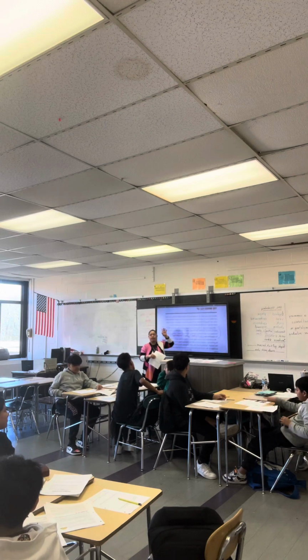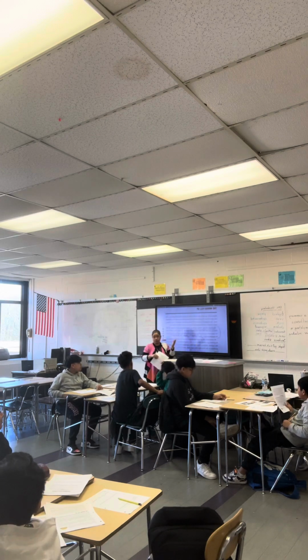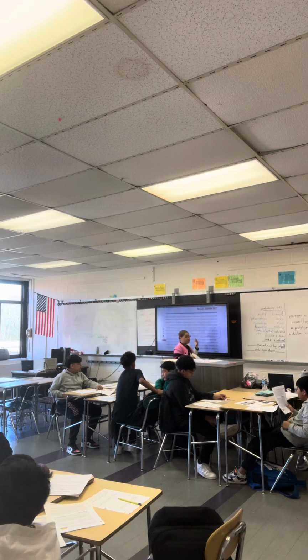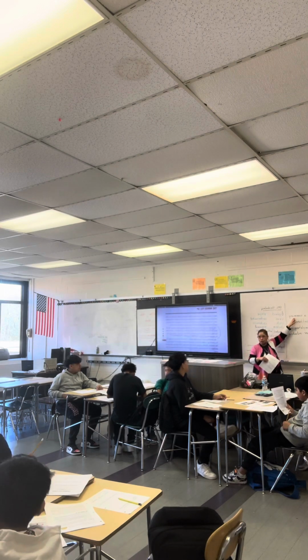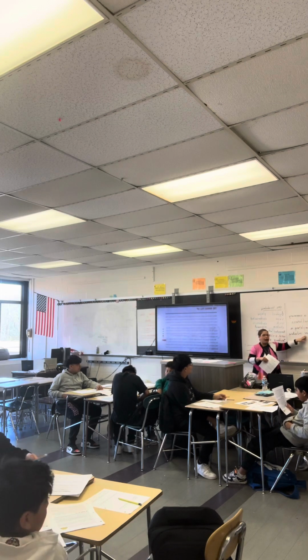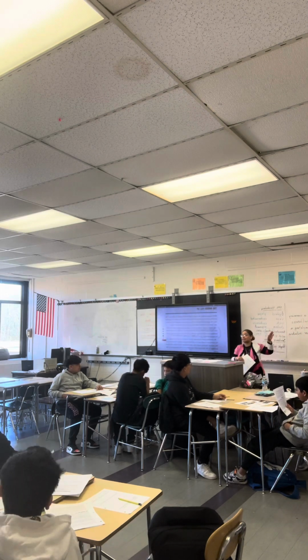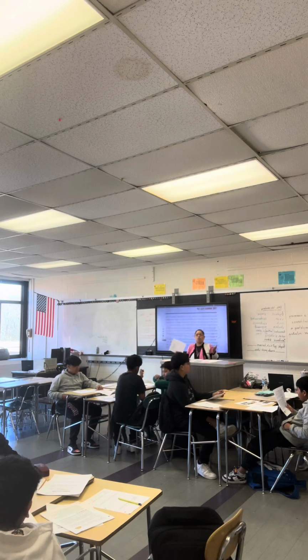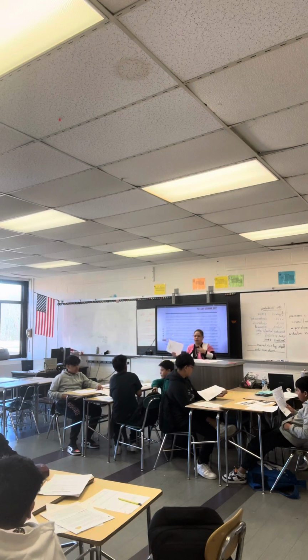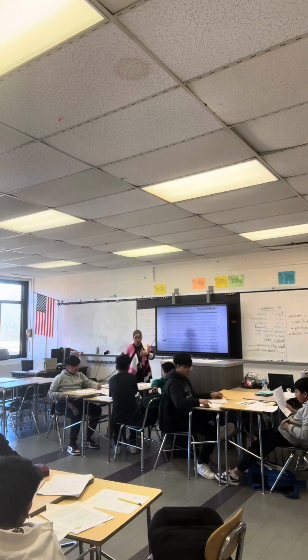So we understand that the text is about Albert, right? We also understand that we had to summarize the paragraph and we had to find text evidence. We are using our graphic organizer to help us make sure that the information is also in sequence, which is very beneficial for us, right?